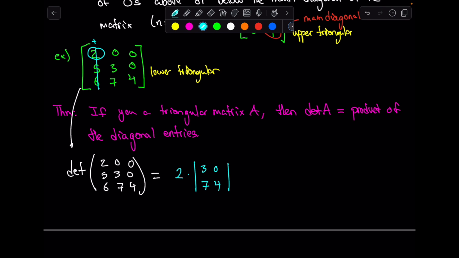And then this thing itself, if I calculate the determinant of what I just came up with, is just going to be the diagonals 3 times 4 minus 0 because this piece gets eviscerated because there's a 0 there.